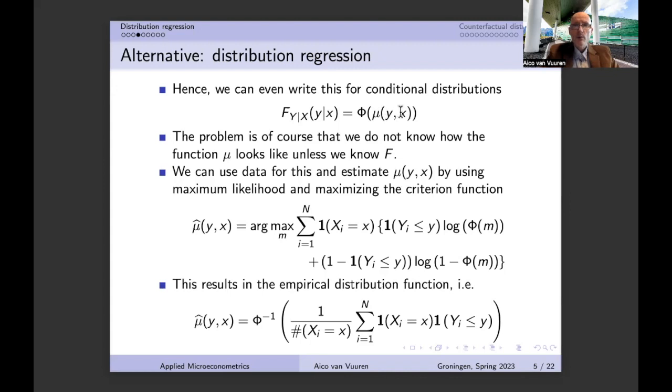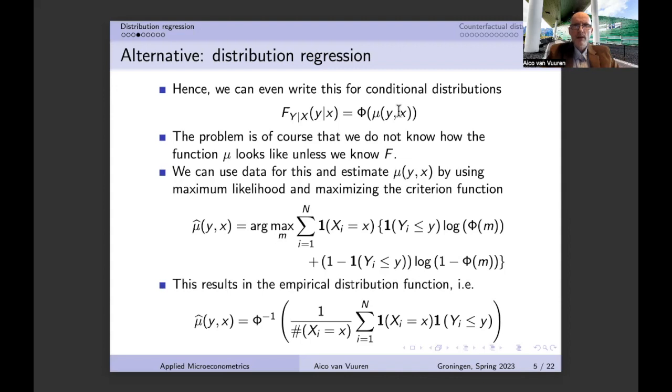And what we can always do is exactly the same thing as what we did in the previous slide. Take the inverse of the normal distribution function at the left and the right hand side, and then we actually get this mu(y,x) over here. So that seems all quite simple.